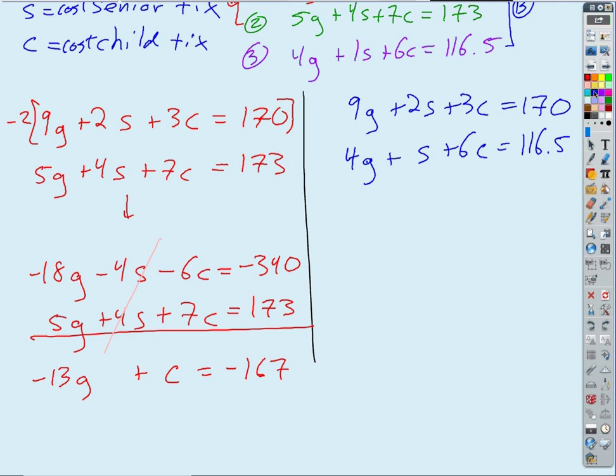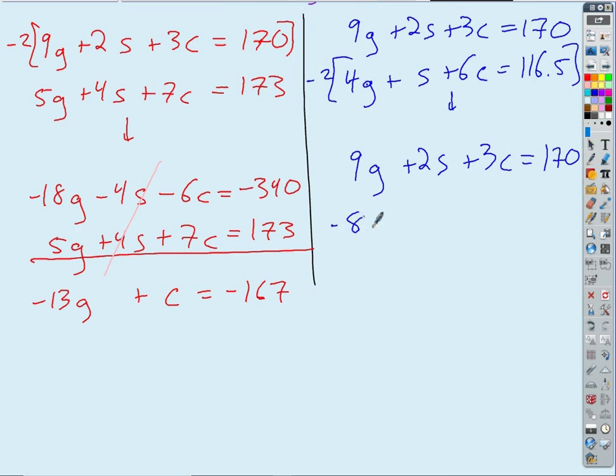Second one, what are we gonna multiply by? Bottom by -2. Okay, and that gives us 9G plus 2S plus 3C equals 170. On the bottom, we're gonna get negative 8G plus, whoops, minus 2S minus 12C equals negative 233.